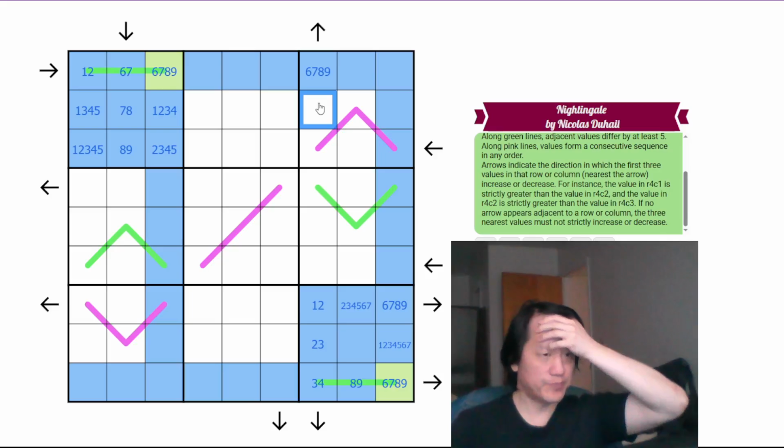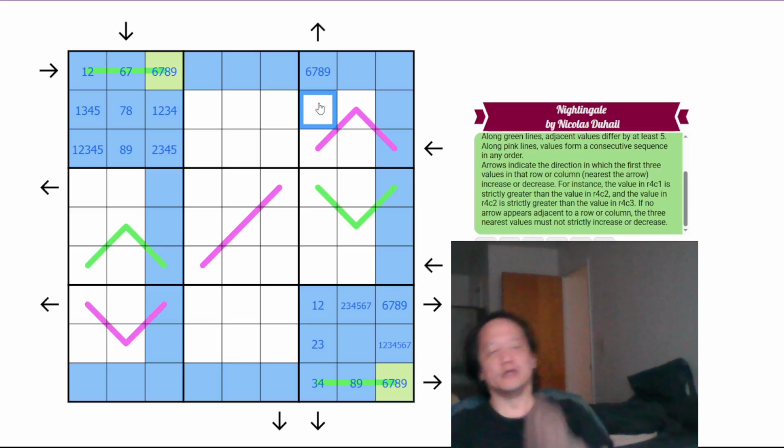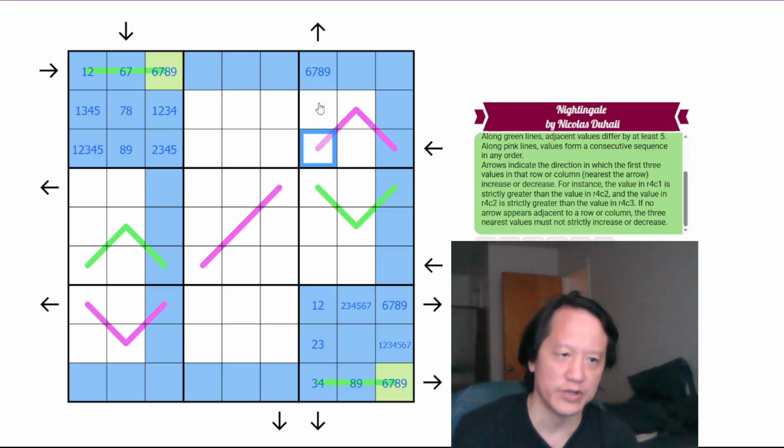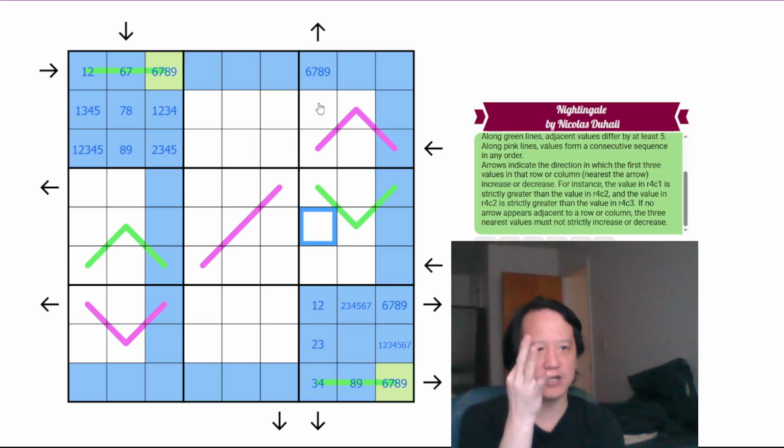This here cannot be a 1 through 4. Because then this would have to be smaller than it. So again, if this is 1 through 4, this would have to be smaller than it, but there are no other digits possible to be because of all the digits remaining in column 7, which we already have 4.